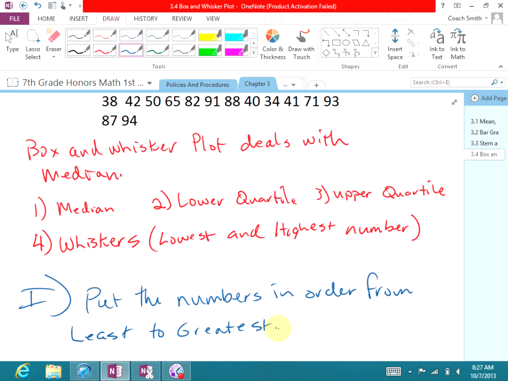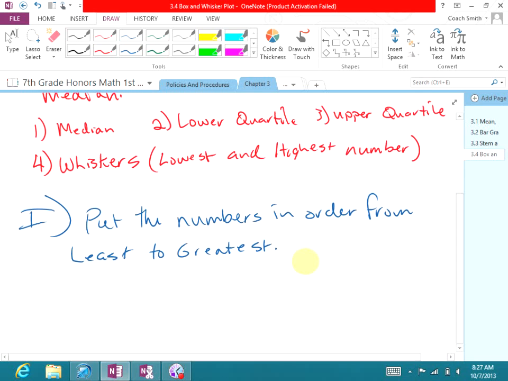Because when you're dealing with the median, you can only find the median if they're in least to greatest order. You can't find the median if they're all jumbled up. Okay? So that's the first thing. The second step is to find the median.